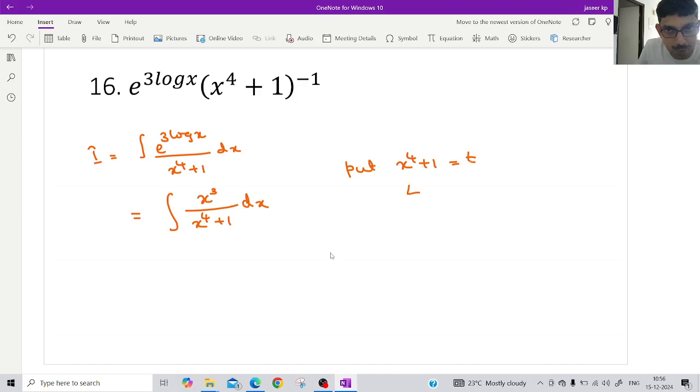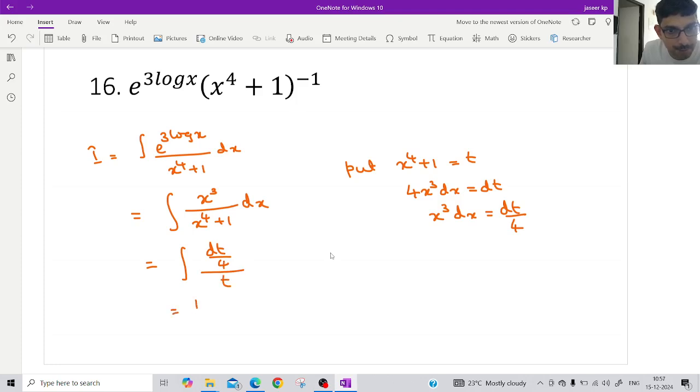So that means 4x cube dx equal to dt, x cube dx equal to dt by 4. So now substituting that here, (dt by 4) divided by t.